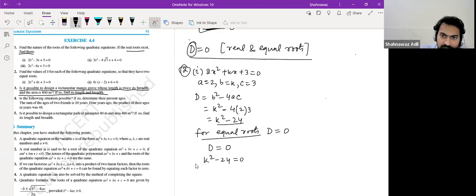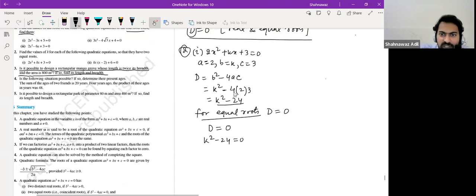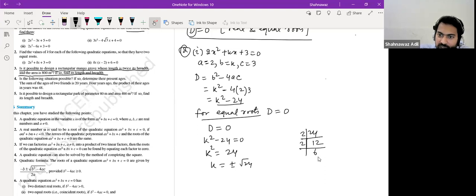So k square is 24, and k would be plus or minus root of 24. 24 is 4 into 6, so 2 root 6. So k would be plus or minus 2 root 6.